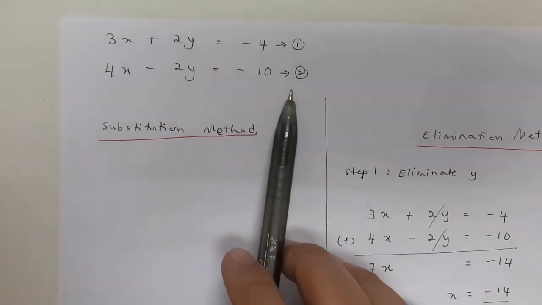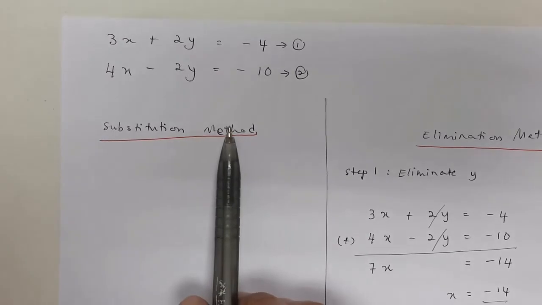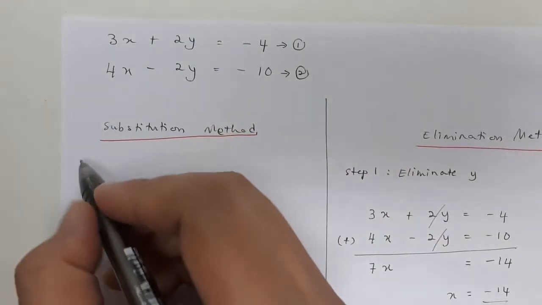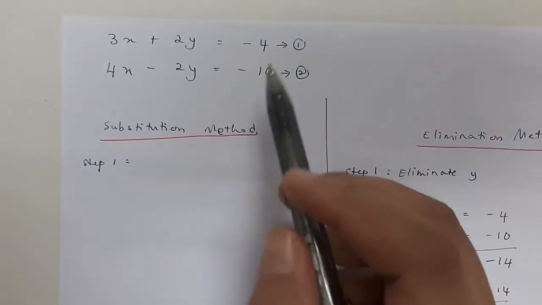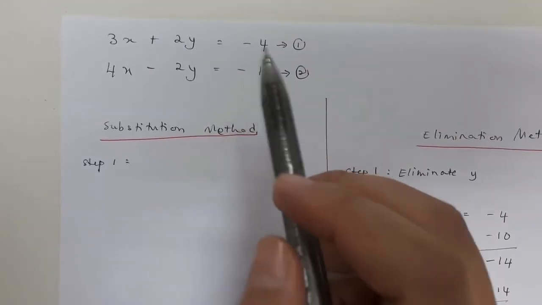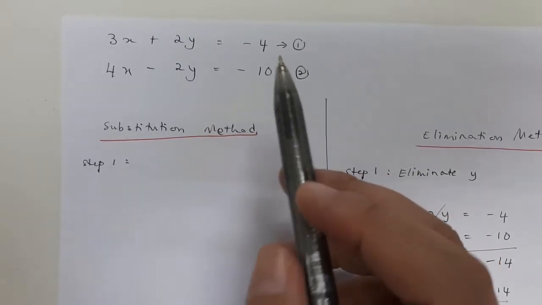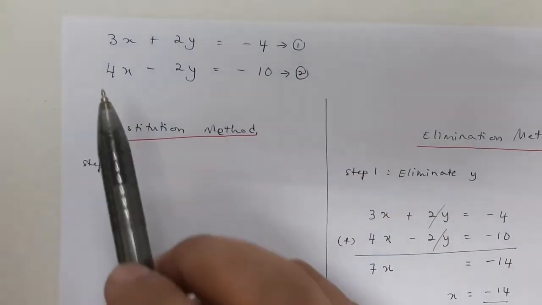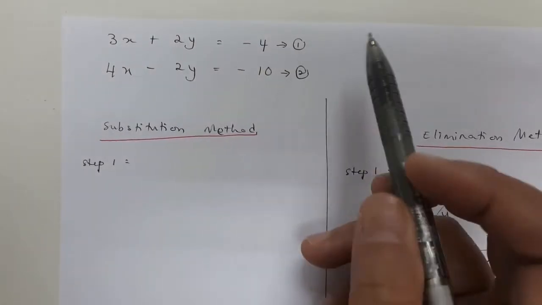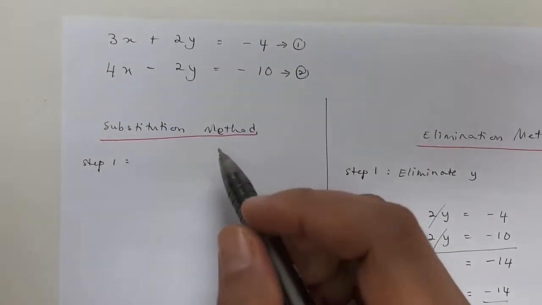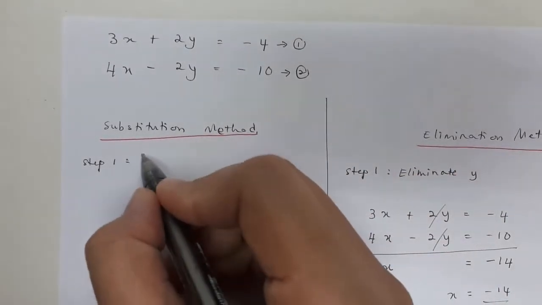Okay, from the same question, now we want to apply the second method, which is substitution method. As for substitution method, step 1, choose one of the equations, and we will leave either x or y on the left hand side. We can choose equation 1 or equation 2, doesn't matter. Let's say we want to choose equation 1.